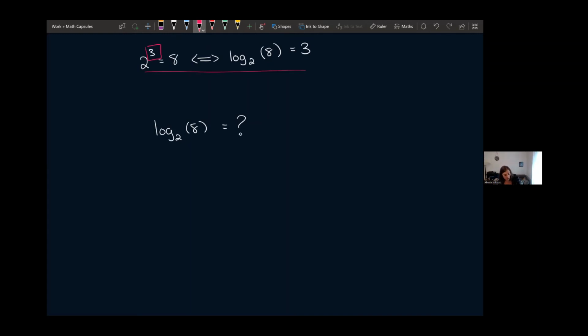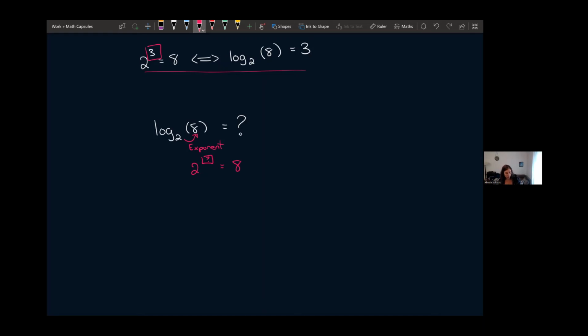So the answer to my logarithm is going to be whatever exponent is going to make this happen. What exponent can I use to get 2 to the power of something, giving me an answer of 8? That is the question that the logarithm is asking.